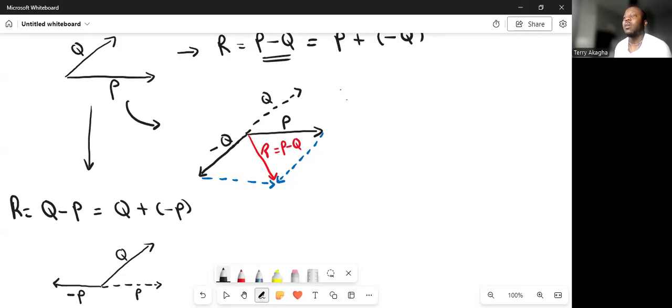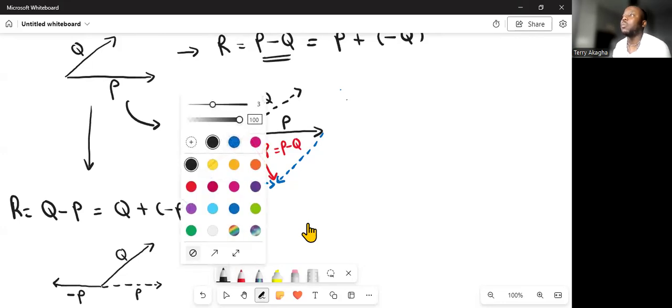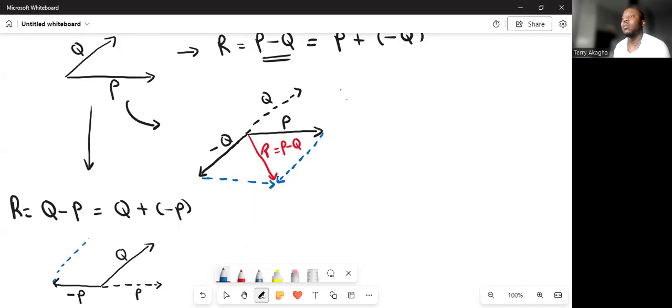So this is it. Then we have to complete this to be a parallelogram. So we're going to have this like this, and that like this. Okay? So now the resultant is going to be from this point all the way to this point, and that will be the R. And the R is going to be equal to Q minus what?